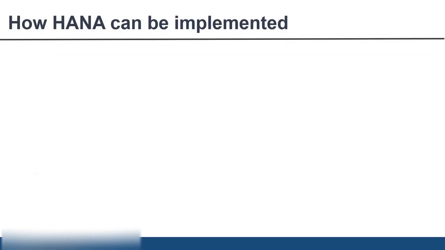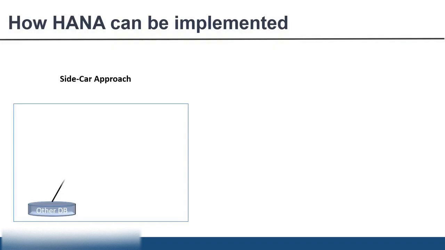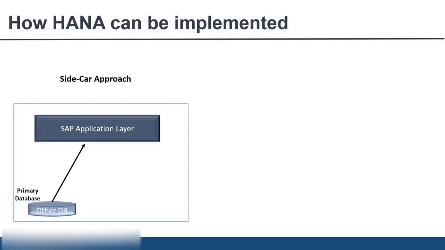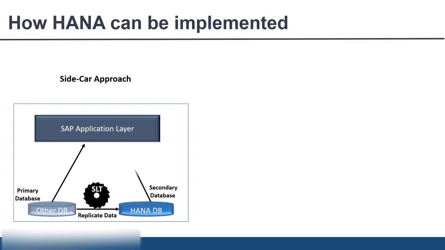There are a couple of different ways in which you can implement HANA. One way is the sidecar approach. If you are currently using any non-HANA database and you have an application server, then you purchase HANA database and keep replicating the data from the non-HANA database to HANA database.